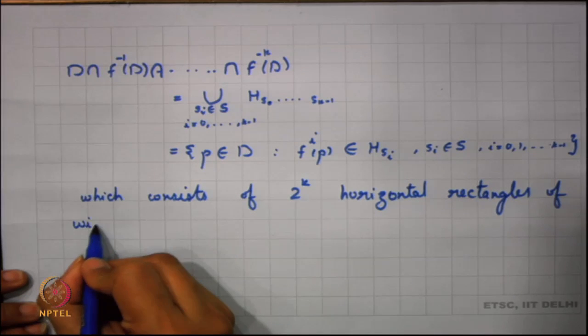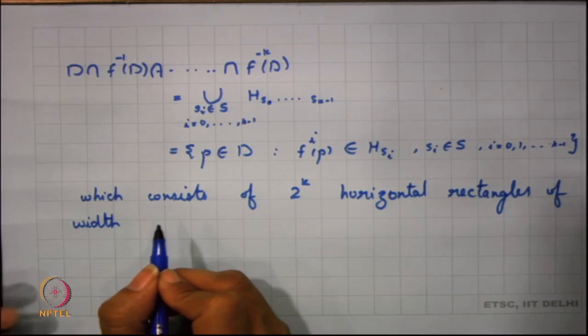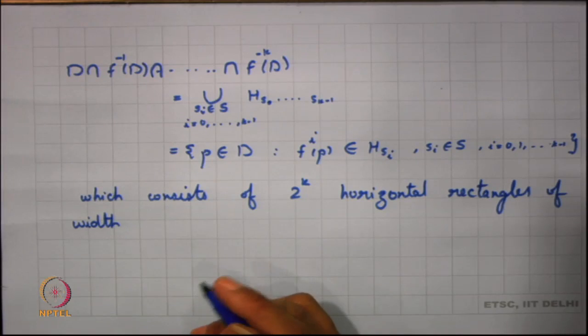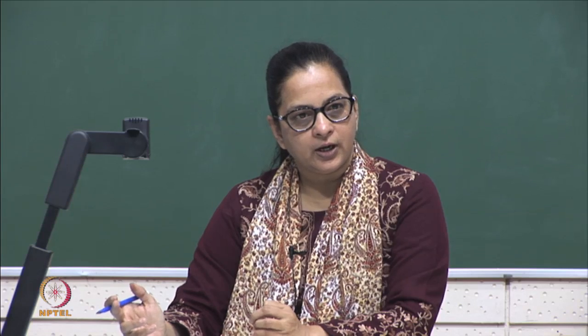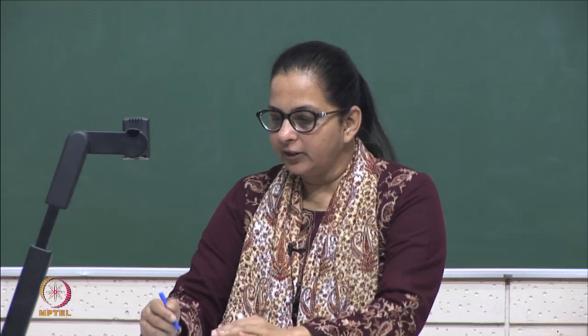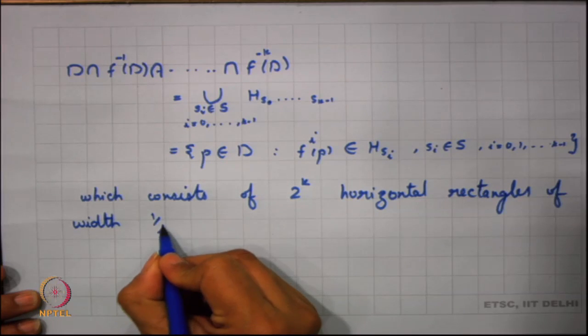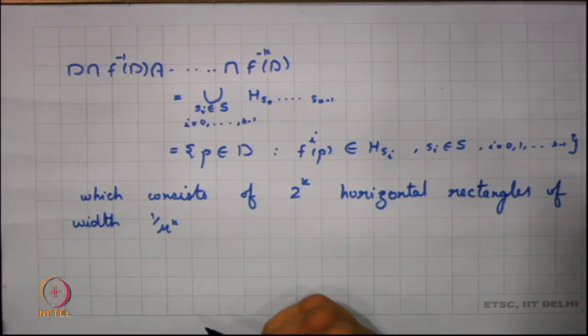of width, yes, can somebody tell me what will be the width here? Now, we know how F inverse maps, right, it goes to 1 by mu, is not it, and we have already started with mu greater than 2. So, at the kth stage my width happens to be 1 upon mu to the power k, right.